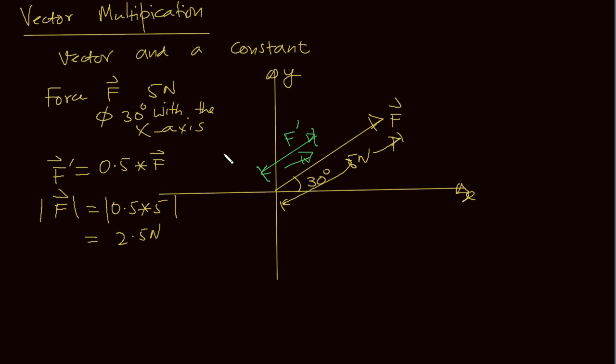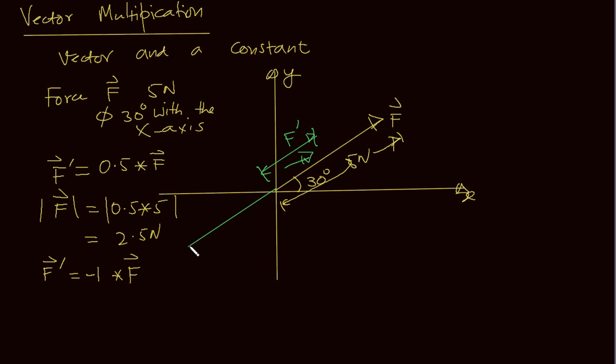But there's one situation. Now imagine, let me go back to the original color, my yellow. So I have F and I multiply this with -1, and I get a new vector. So let me go back to my old colors, light green.